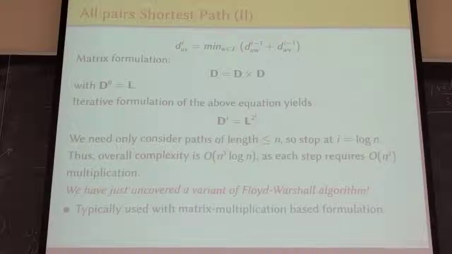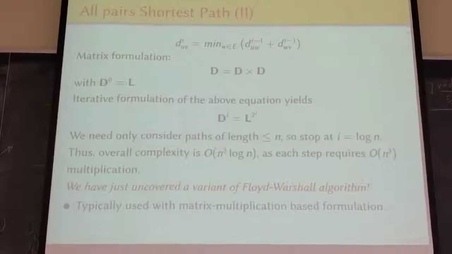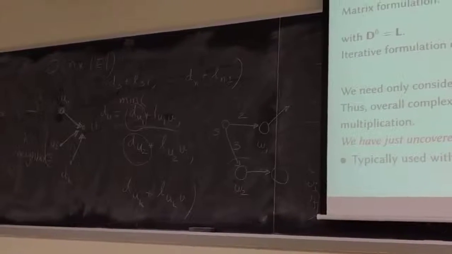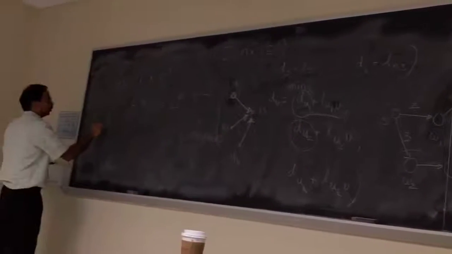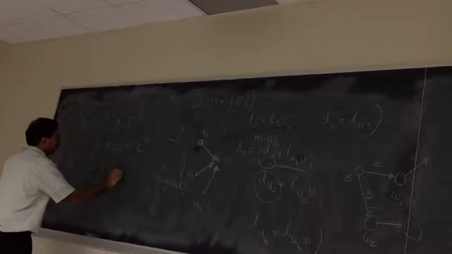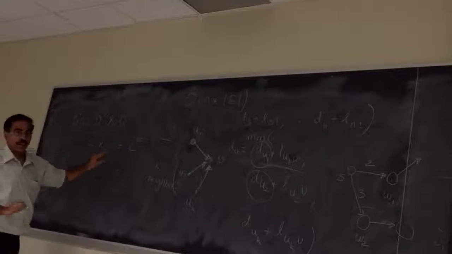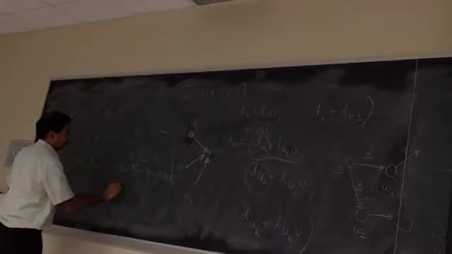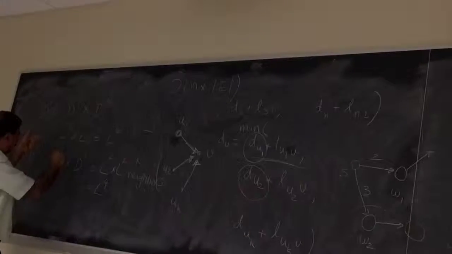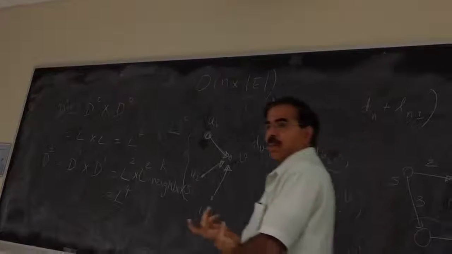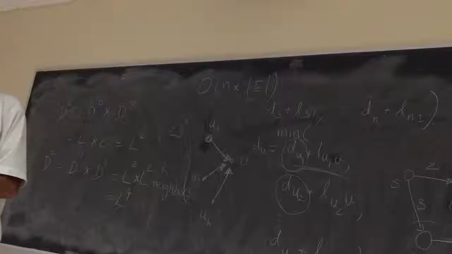D1 is D0 times D0 equals L times L equals L squared. D2 equals D1 times D1, and since D1 is L squared, it's L squared times L squared equals L to the power 4. Looking through this pattern, the ith approximation is going to be L to the power 2 to the power i.